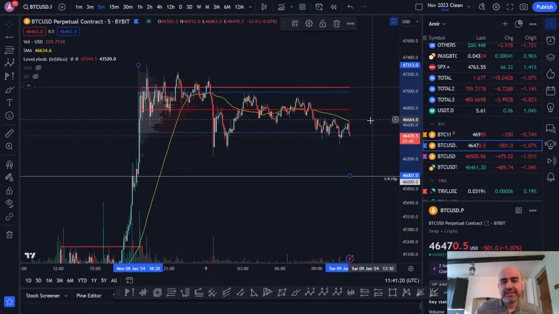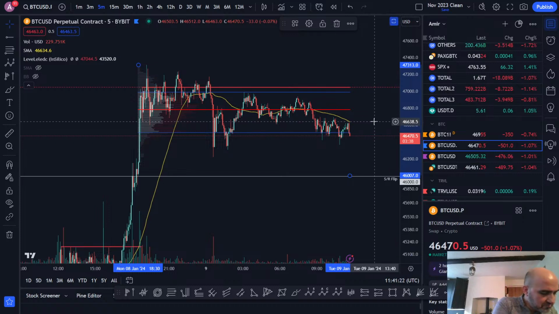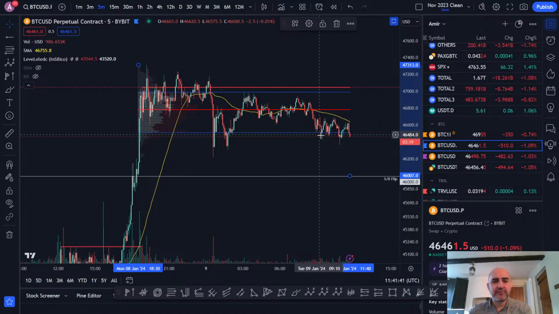I think the range hasn't had time to form, but I don't like what you just showed me. Doesn't look good. I think that's why we just have to wait and see what happens, because you can't tell until this range forms.